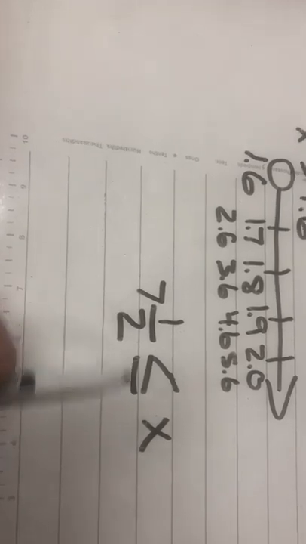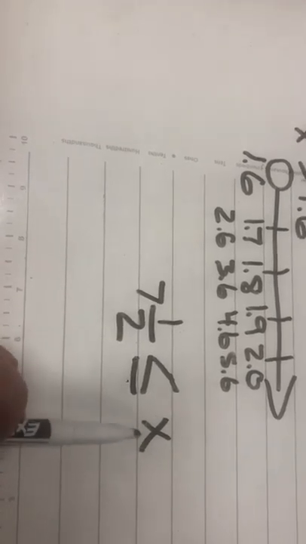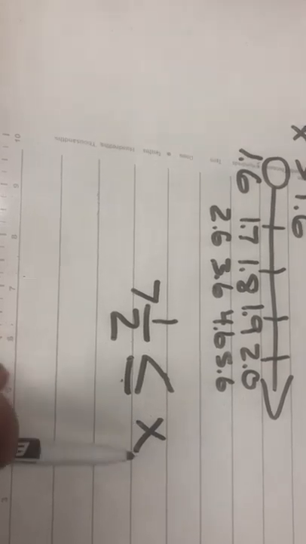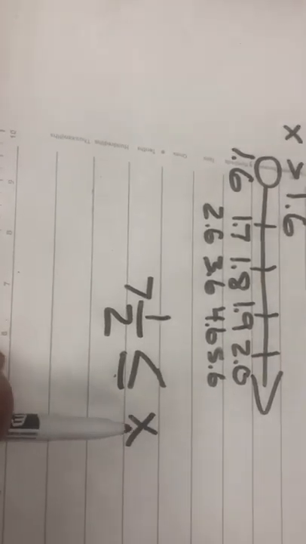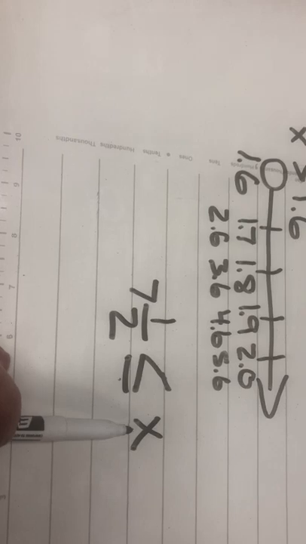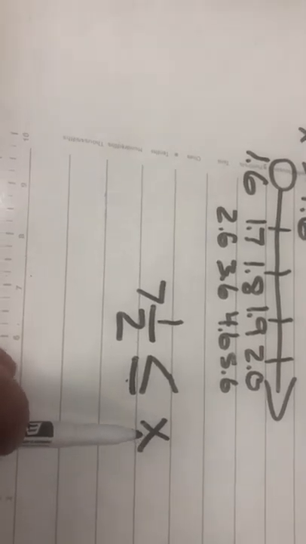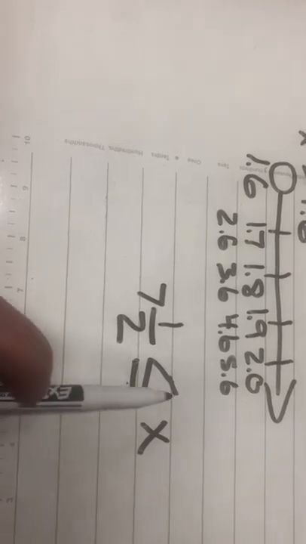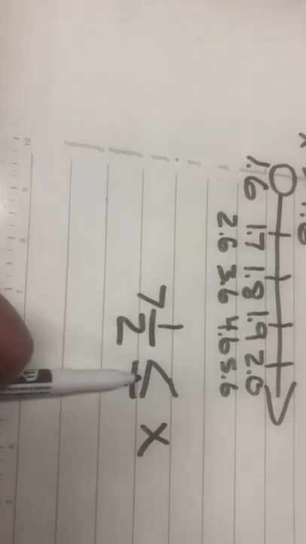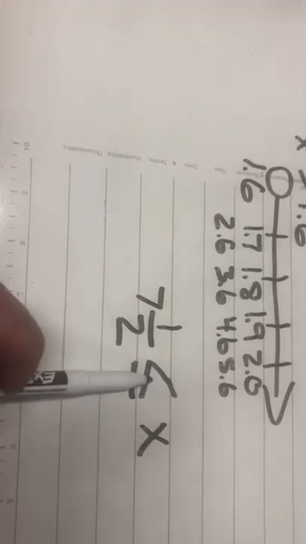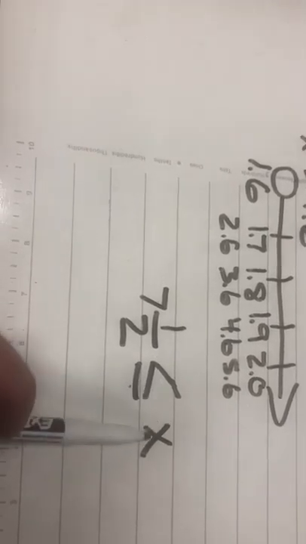What determines what direction the graph goes is based on what side of the inequality the variable is on. Here the variable is on the right. It doesn't mean the line is going right, but here it's on the right. It is on the bigger side of the equation. If you envision like a Pac-Man or envision this like an alligator that wants to eat something, the mouth is always open to the bigger side.